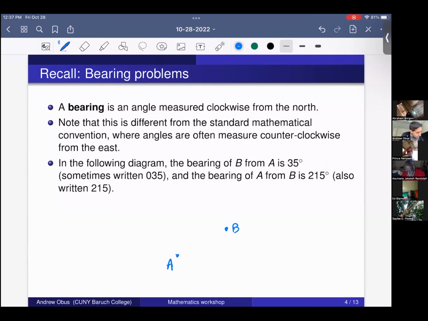If this is B and this is A, we draw a line pointing northward from A and a line pointing northward from B. Then we draw the line from A to B, and the angle between the northward line and this line is 35 degrees. So the bearing of B from A is 35 degrees.